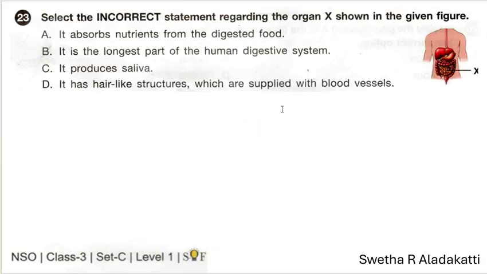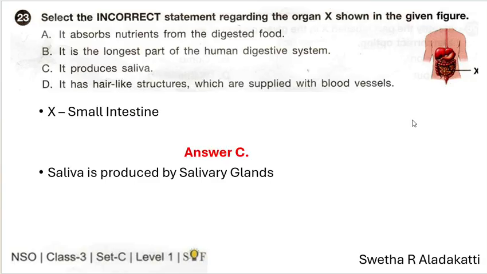23. Select the incorrect statement regarding the organ X shown in the given figure. Here, X. Okay, let's see the answer. This X inside here is the small intestine, and the large intestine is outside it. The small intestine absorbs nutrients from the digested food. Yes. It is the longest part of the human digestive system. Yes, the small intestine is inside the large intestine here. It is the longest part, the length is more.